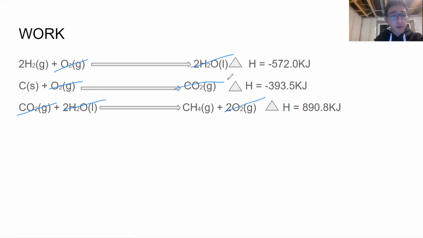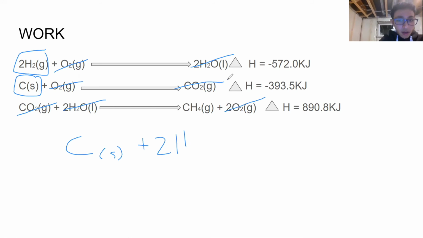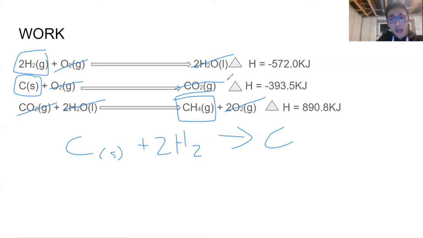And what we are left with, guys, is 1 carbon right here and 2 hydrogen. And we are left with a methane on the product side, which is exactly what we wanted.